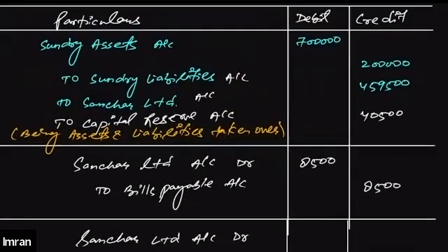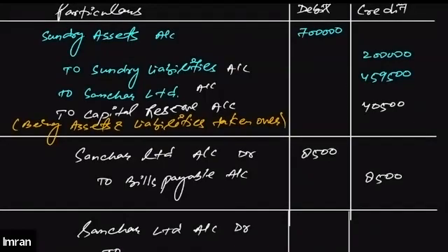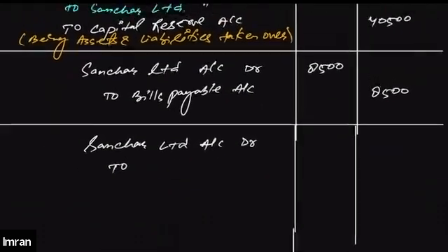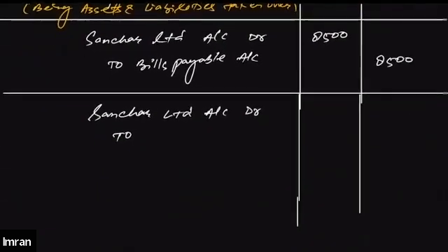Remaining amount due, how much is the remaining value which is due? 4,59,500. Okay, so 4,10,000 is still due. So for that, we will be debiting Central Limited by 4,10,000. This will be the journal entry for the remaining part, everyone.